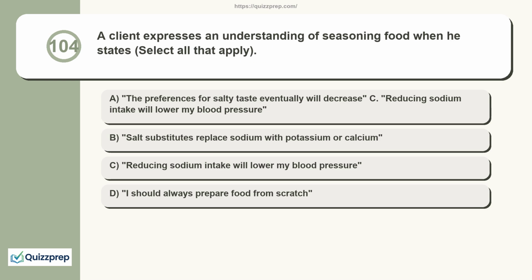Question 104. A client expresses an understanding of seasoning food when he states, select all that apply. The preference for salty taste eventually will decrease. Reducing sodium intake will lower my blood pressure. Salt substitutes replace sodium with potassium or calcium. I should always prepare food from scratch.